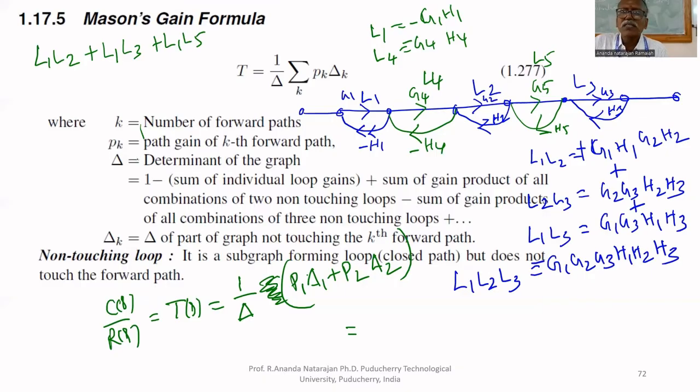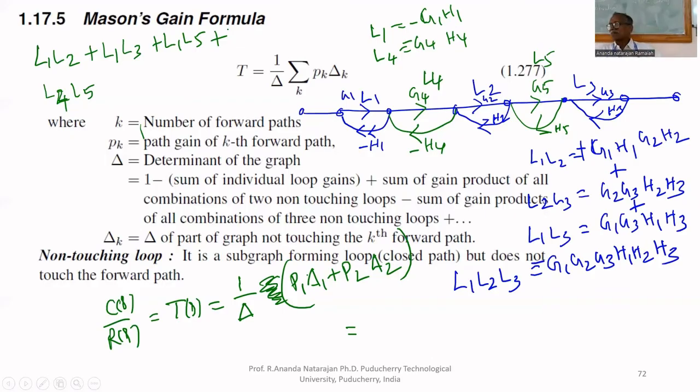Then take L2: with L2, L3 already written, L3, L1 already written. Only thing is L4: if you take L4, L5, they are not touching. Am I correct or not? Only one more group you are getting.